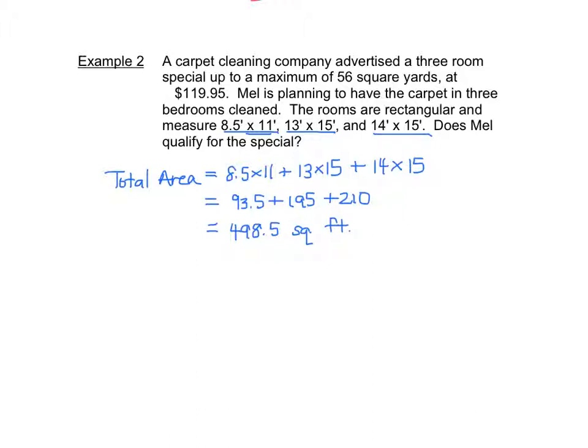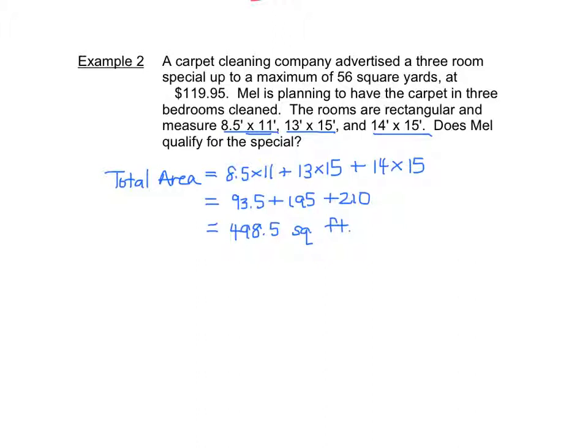Now, we need to convert this to square yards because the maximum for the special is 56 square yards. So we need to figure out, is 498.5 square feet less than 56 square yards? If it is, then she qualifies for the special. Let's remember that in a yard there are 3 feet.